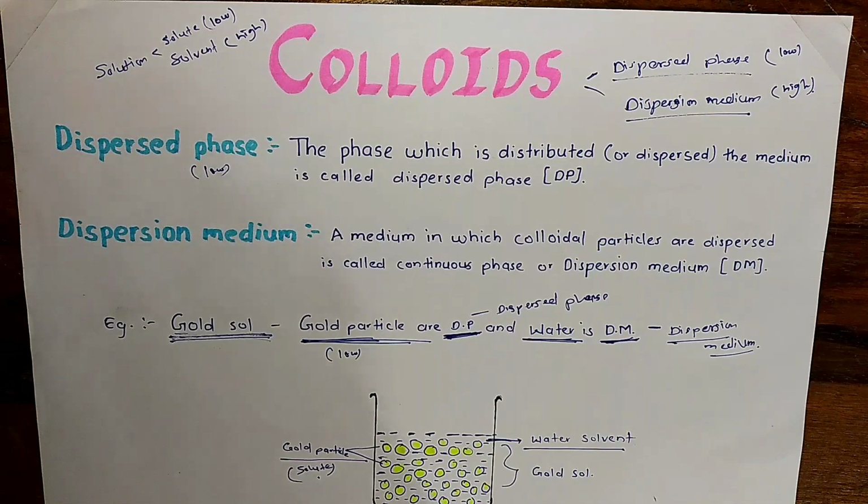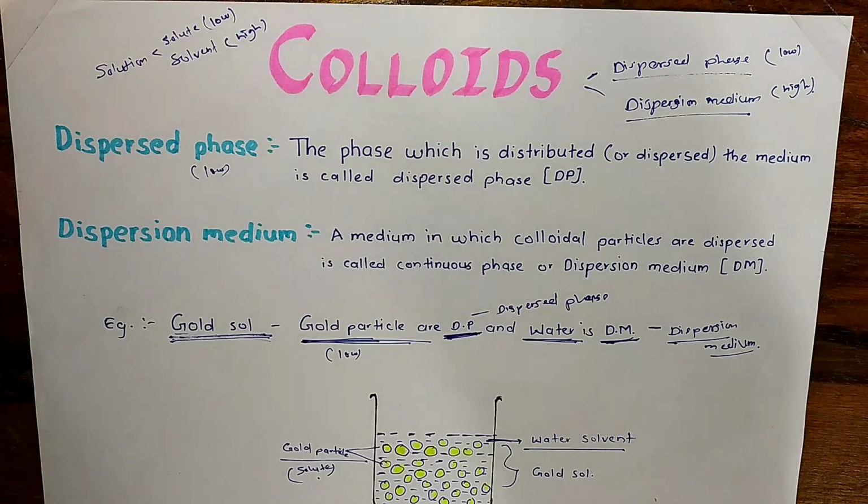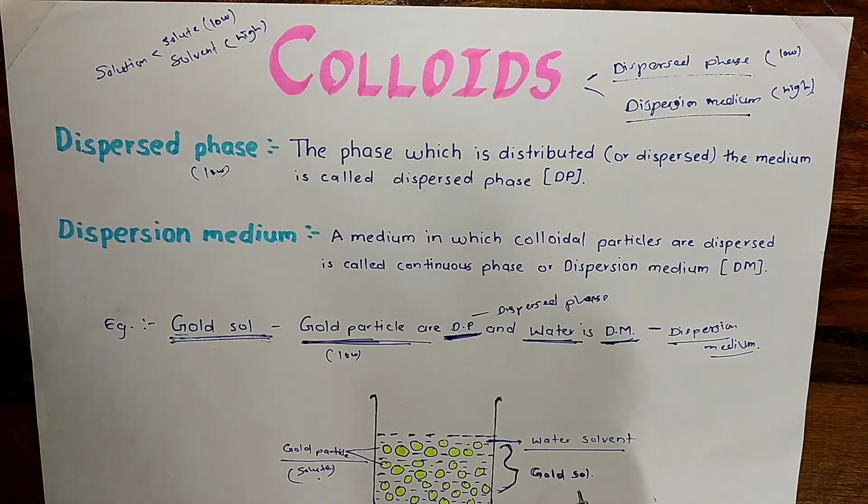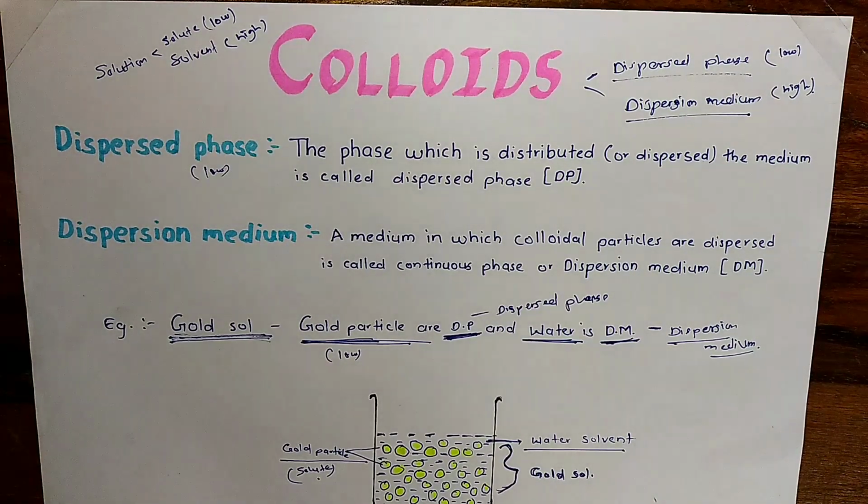If we mix gold particles in water, then the whole solution becomes our gold sol. This is the best example of colloids.